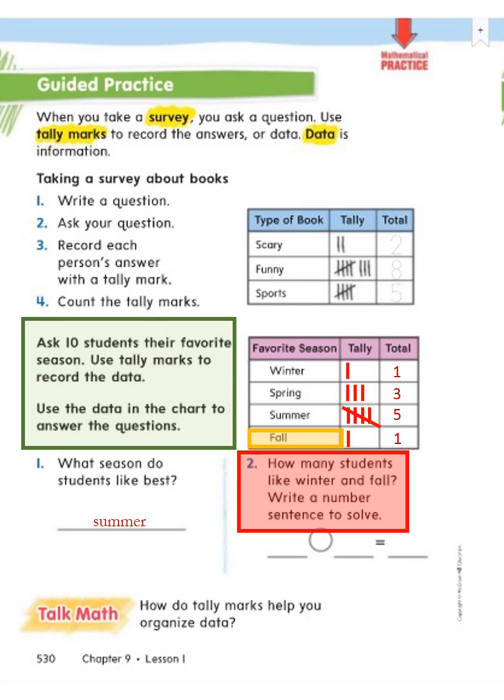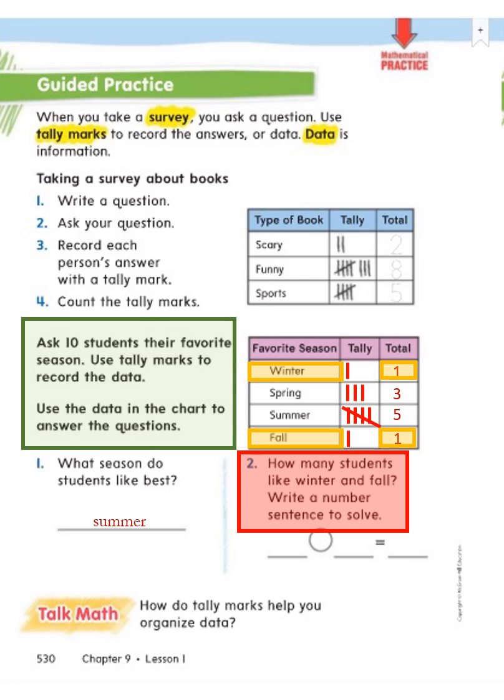Now we need to answer question 2. How many students like winter and fall? Write a number sentence to solve. Okay, so how many students like winter and fall? Well, I've got fall highlighted. You can see it there. And I'm going to highlight winter, and I'm going to check those numbers. I've got 1 for winter and 1 for fall.